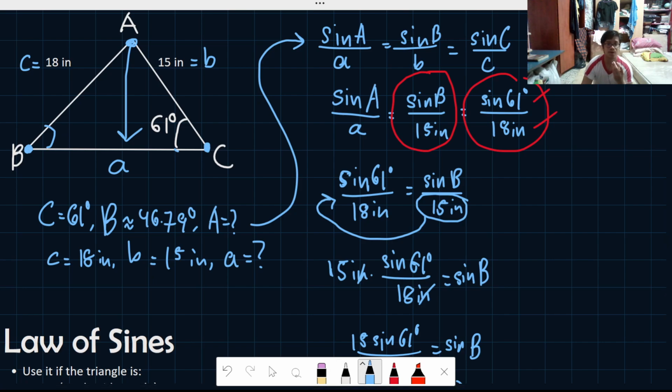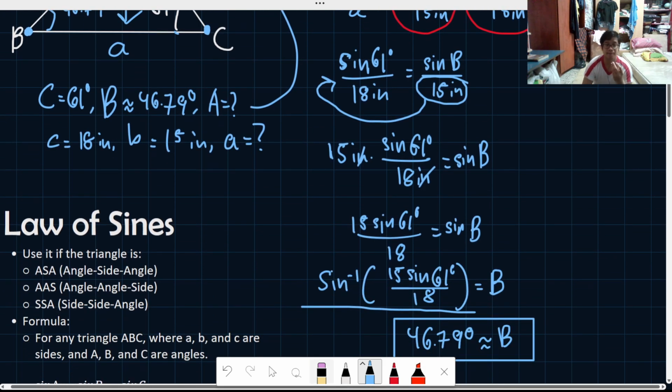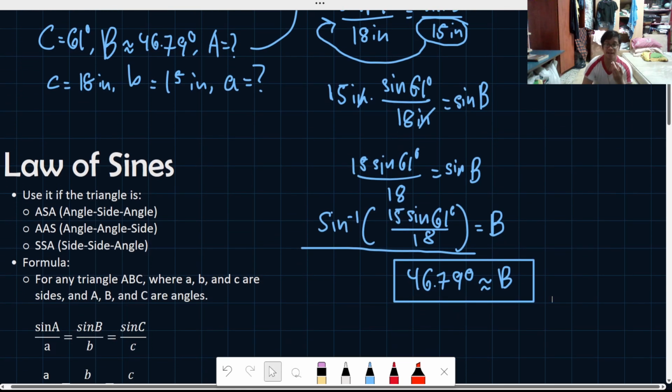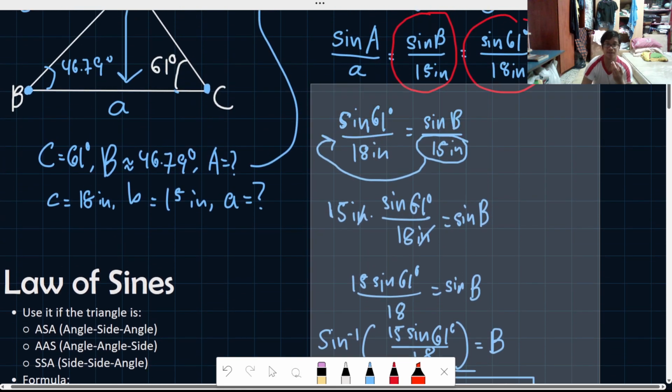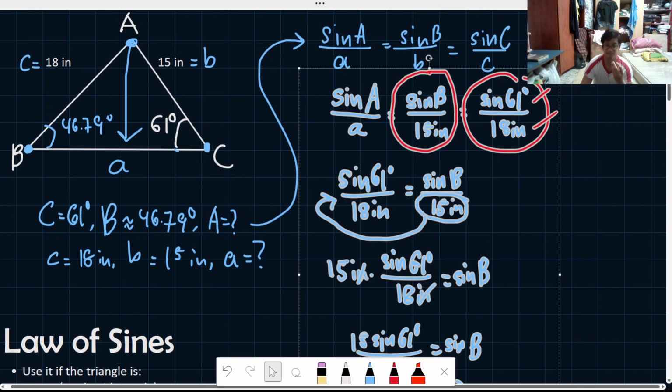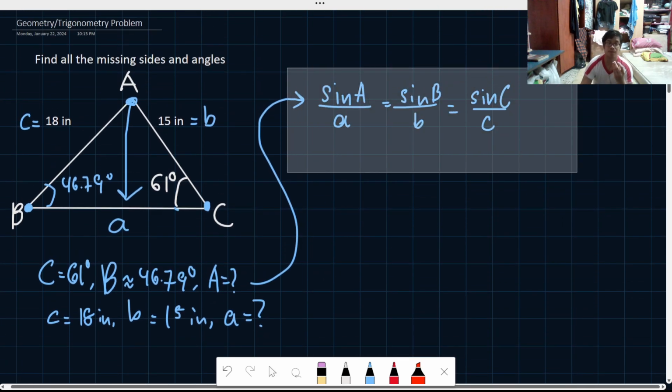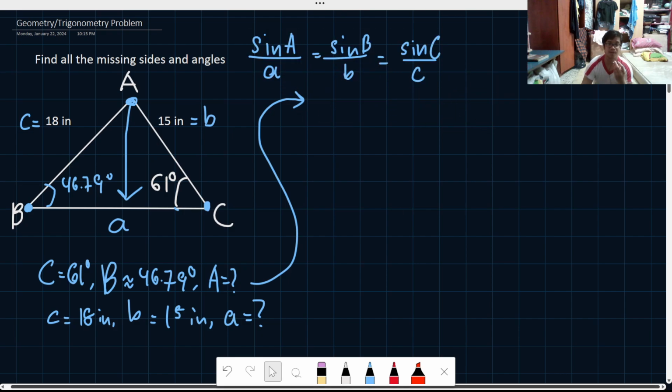Now that we have our capital B, what's the next step? Let me just erase the writings here. There we go. Let me just put the formula here in case. All right. Now what's next?